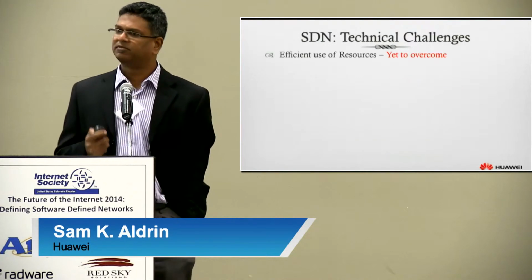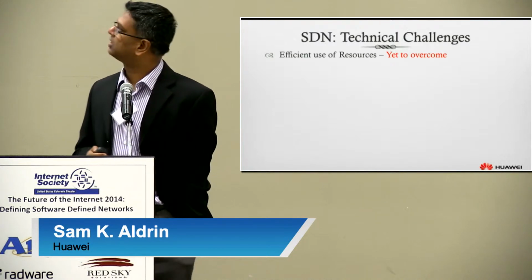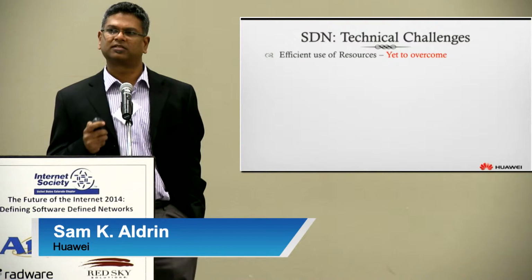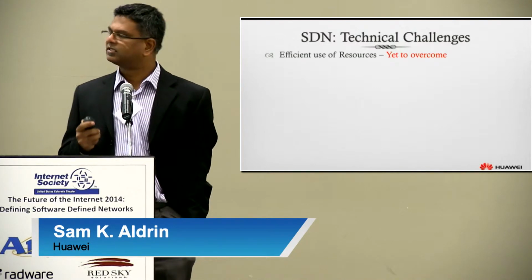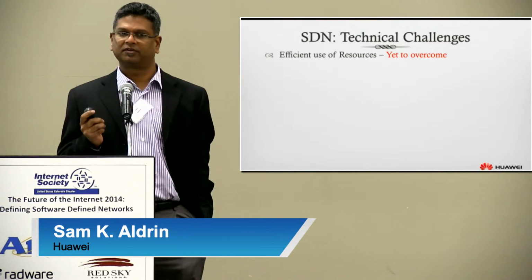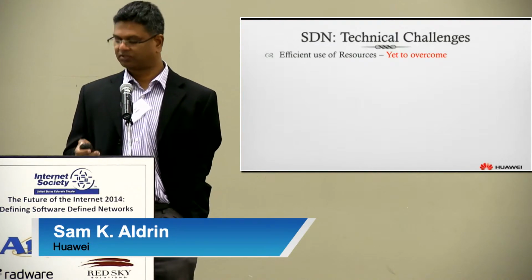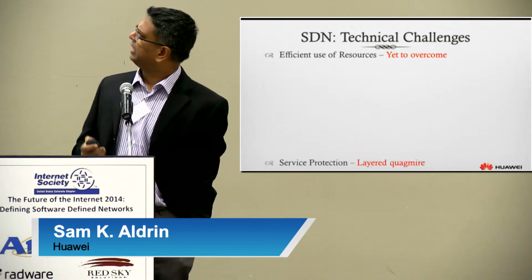So let's take some of the technical challenges. What are the technical challenges out there? Especially efficient use of resources, because this is the biggest selling point of SDN. With respect to efficient use of resources, it's still quite complex. You cannot overcome that, and you cannot really provide.